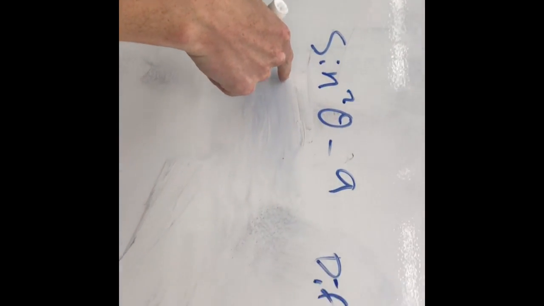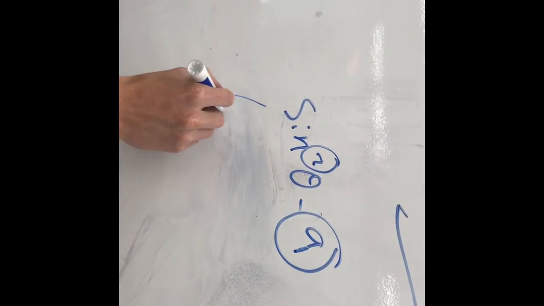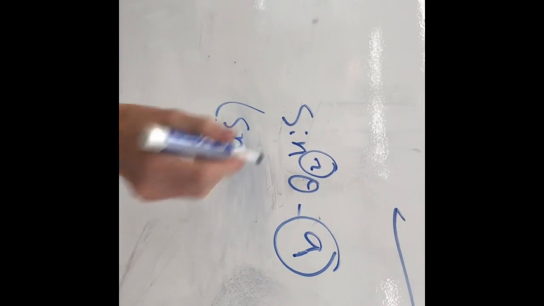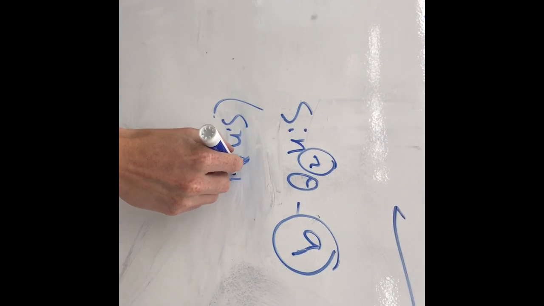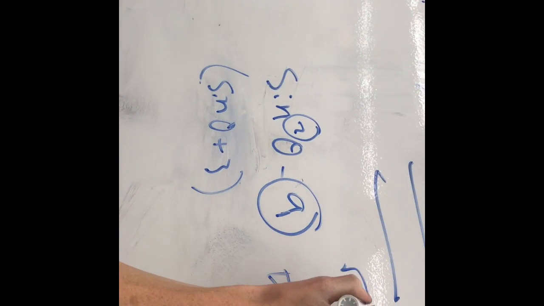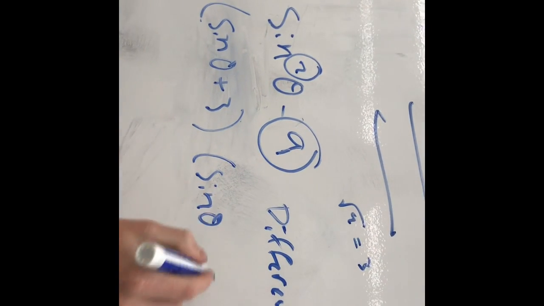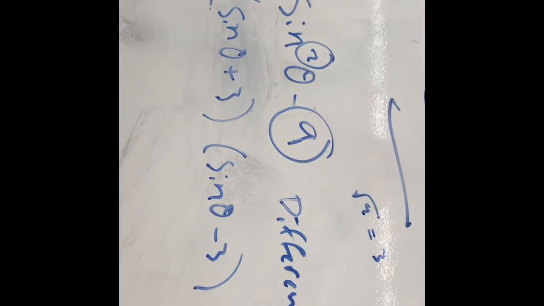So you know that this is squared and this is a square. So you do the parentheses, sine of theta plus 3, which is the square root of 9, and then another parenthesis, sine of theta minus 3. And there you go. Now you got it factored.